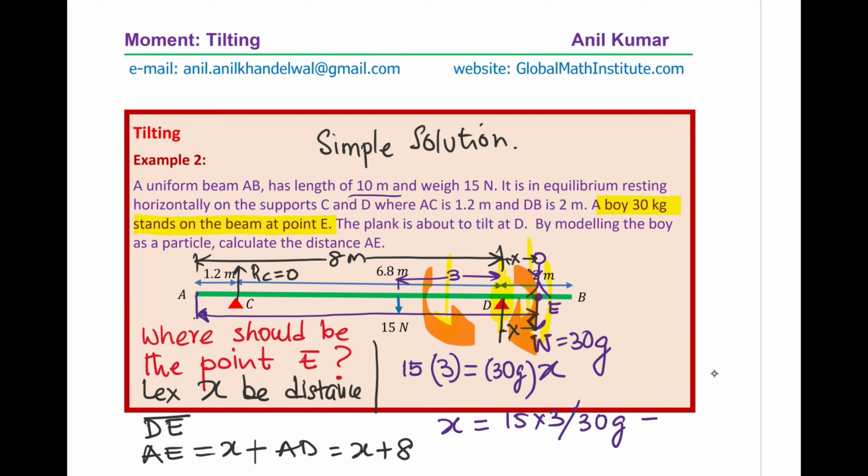So let's use the calculator to find this particular value. It is 15 times 3 divided by 30 divided by 9.81, and what we get here is 0.152.